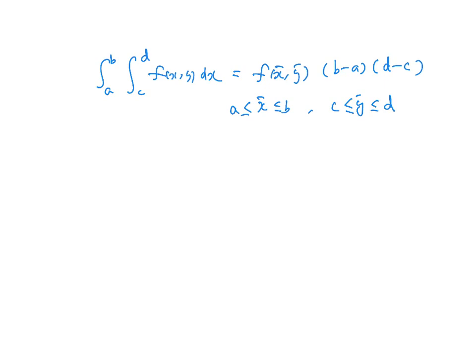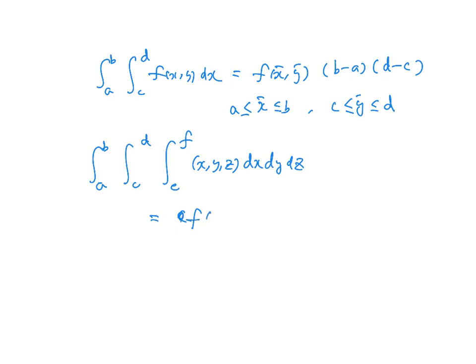For the three-dimensional case, we have a, b, c, d, e, f, f(x,y,z) dx dy dz. It can also be f(x bar, y bar, z bar) times b minus a, d minus c, f minus e, right?